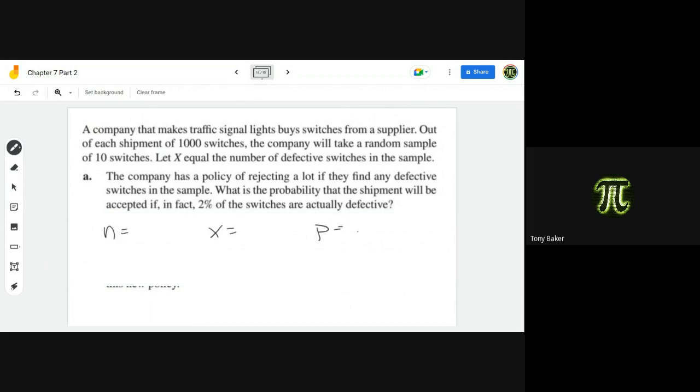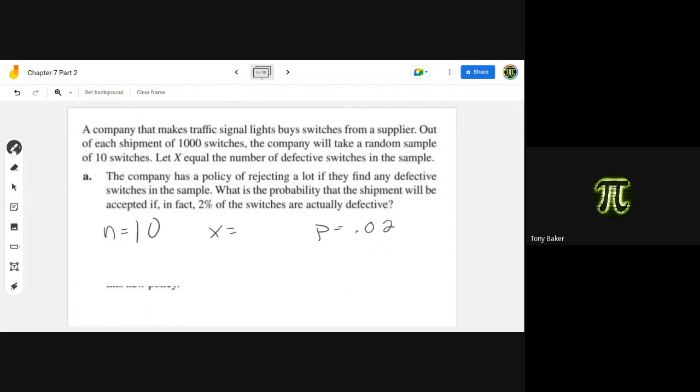P is 0.02. In this case, success will be if they're defective, right? Okay, what's N? Random sample. N is 10. But I can see where you would think the thousands.